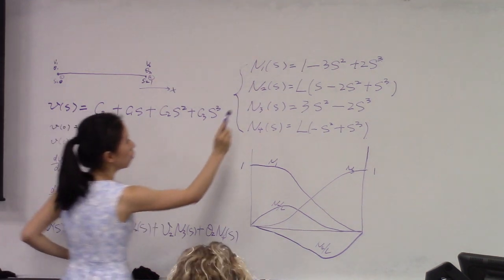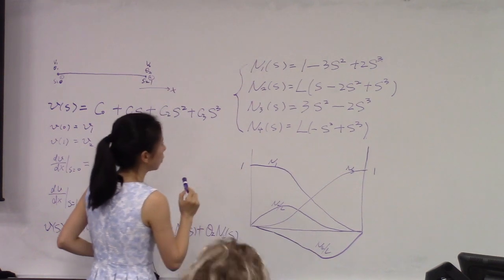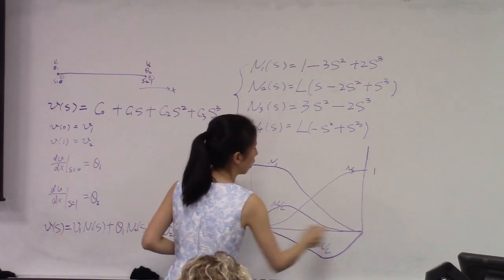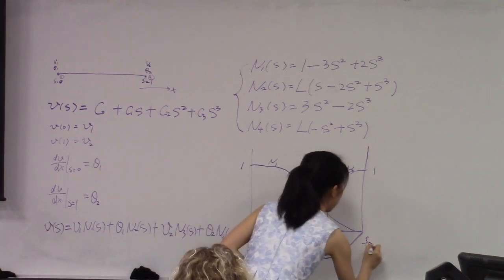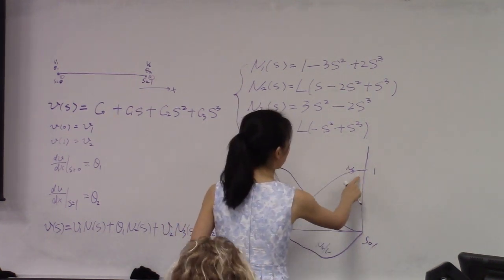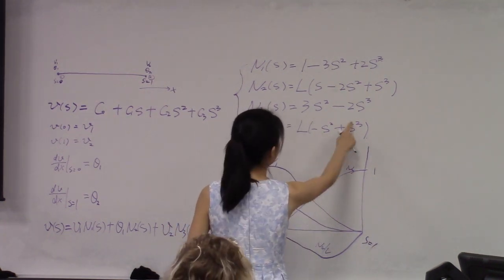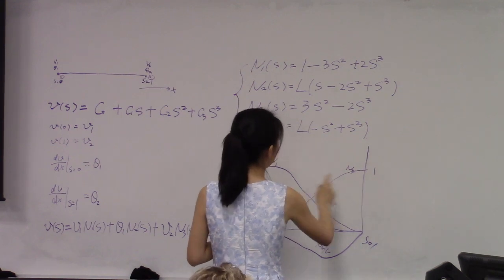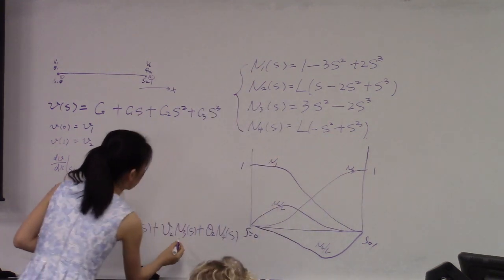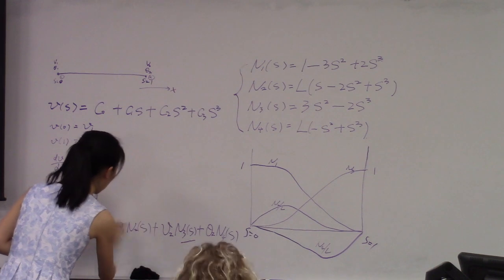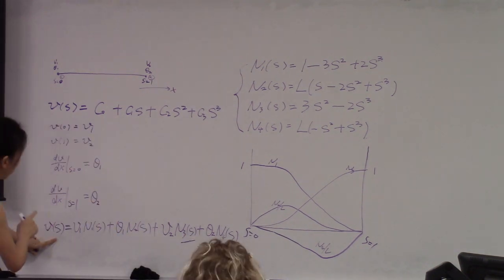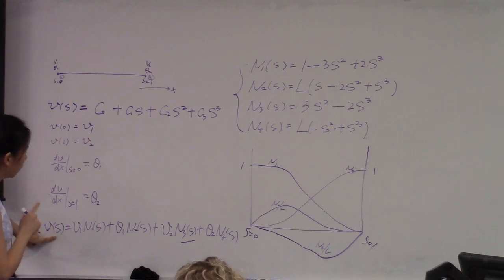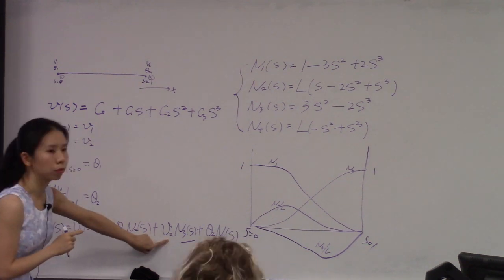And also for N2, this is s equal to 0, this is s equal to 1. At this node, N3 should be 1, and all the others should be 0. So this should be 1, all the others are 0. So at node 2, when s equal to 1, V should be V2.